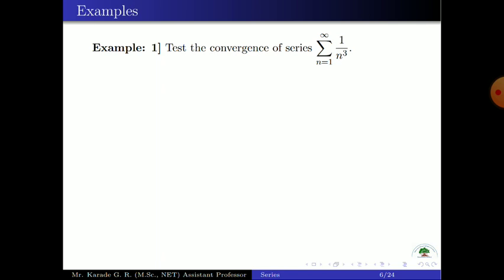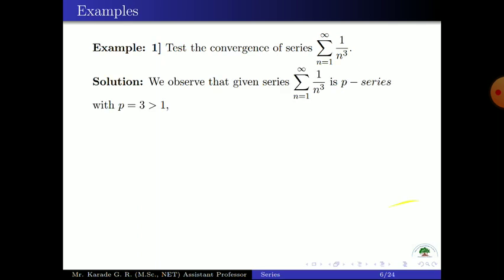Okay, so we observe that this is also a P series because this series is in the form of summation 1 upon n raised to p, and here p is 3. So let us write the solution. We observe that the given series summation 1 upon n cube, n equal to 1 to infinity, is a P series with p equal to 3, and this 3 is strictly greater than 1, that is, p is strictly greater than 1, and by the theorem of P series, when p is strictly greater than 1, the P series is convergent. Okay, therefore the given series is convergent.